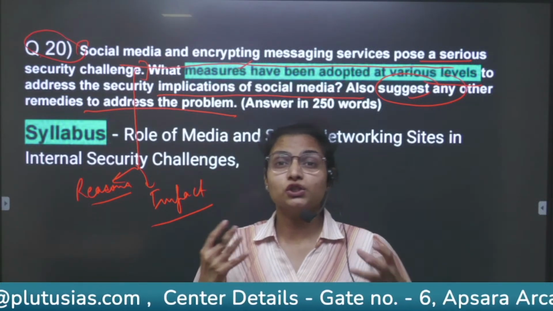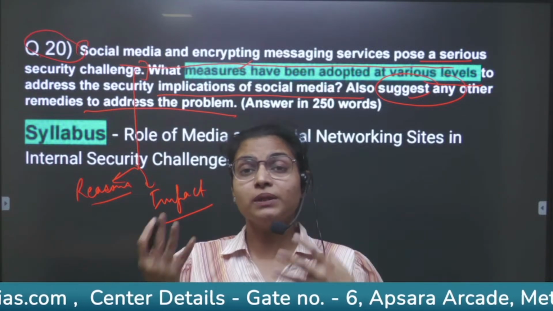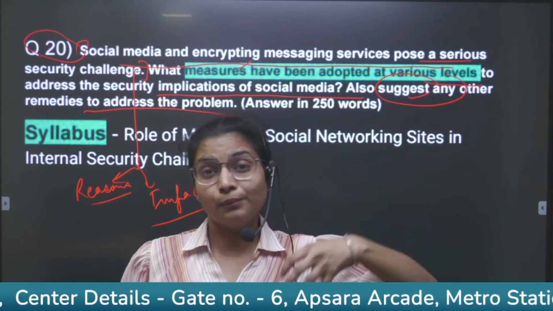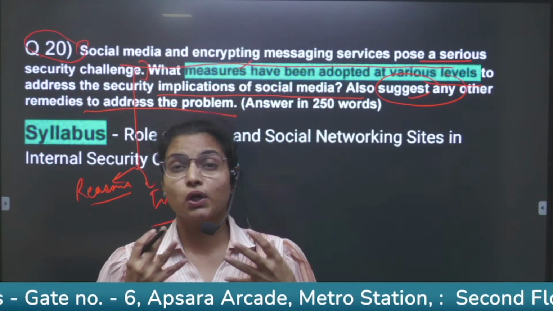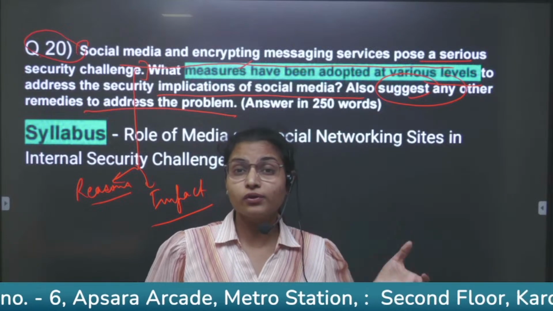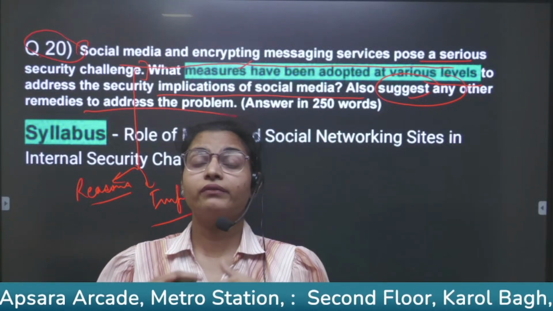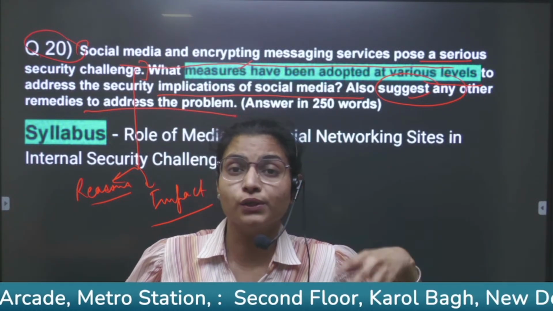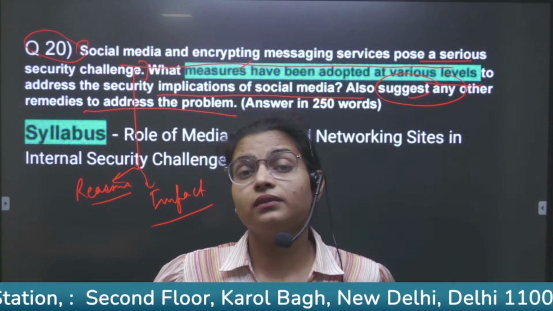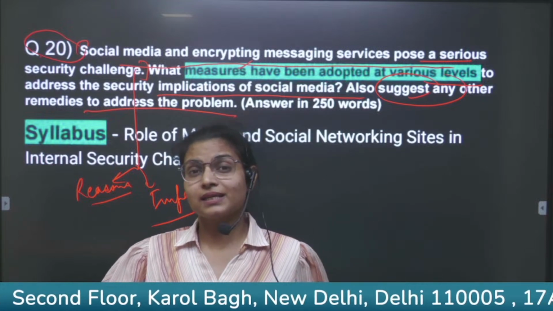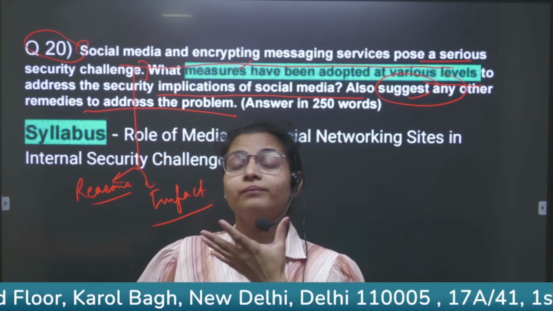For example, on social media the anonymity factor is there, and it can be used for funding terrorist activities. It is also used by terrorists for training or radicalizing the youth, by using the algorithms of social media. This was seen in the case of Al-Qaeda and ISIS, and how they trained Indian youth.